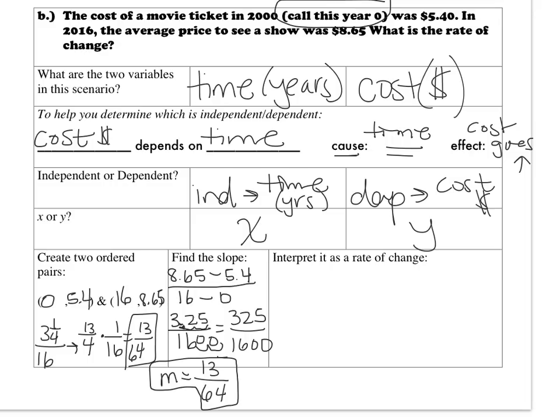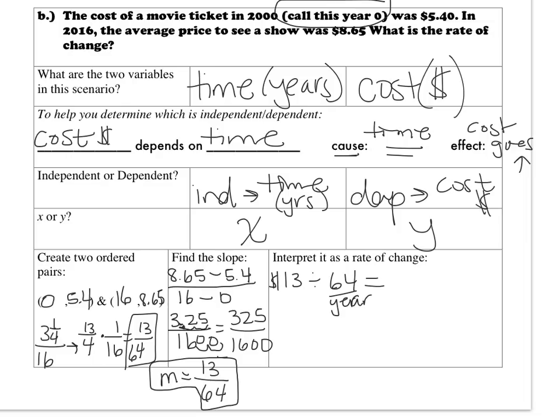Now, interpreting this as a rate of change. To get the rate of change, we just divide: 13 divided by 64. When you do that division, you get 0.2. We have to interpret this. That's dollars per year, so it's changing 20 cents per year.